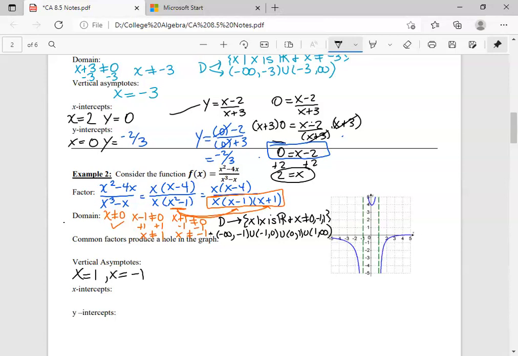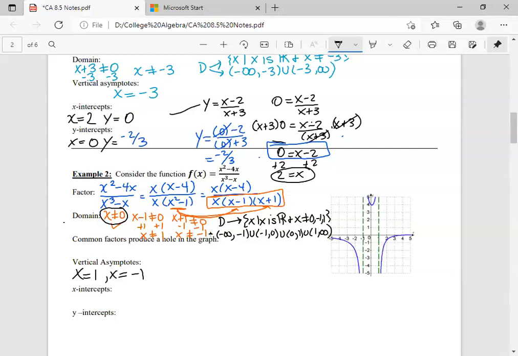Because right through -1, there's a dashed line drawn, and right through 1, there's a dashed line drawn. It's easy to see that. But there was another problem, right? This one right here, x is equal to 0. That would mean there would be a line drawn right through x equals 0, and there's not.